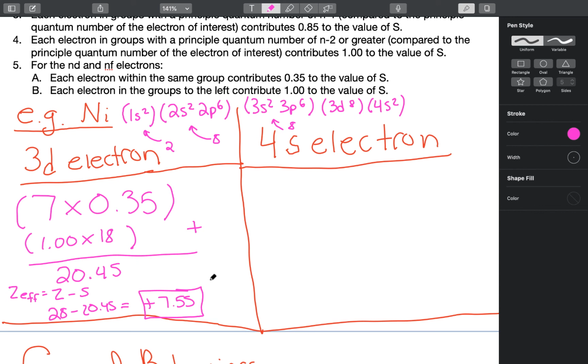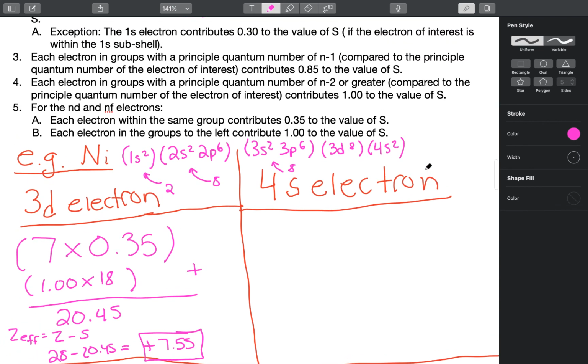So the next thing that we want to calculate is the 4s electron. The 4s electron is found within this group right here. Right? So it's found within this group. So let's look for one of the rules that would apply to our situation.